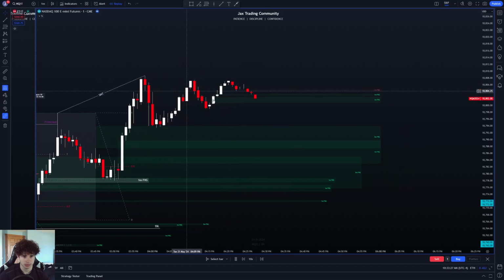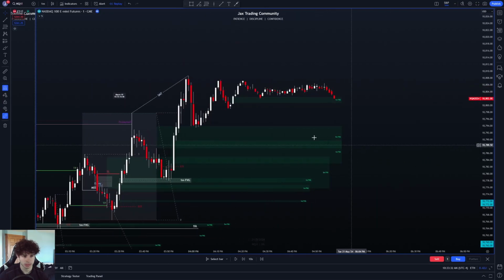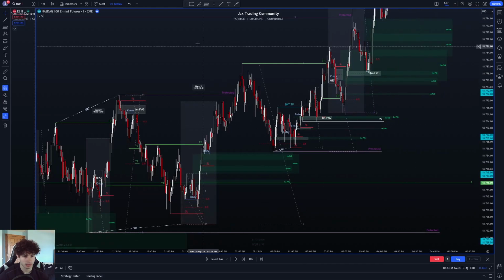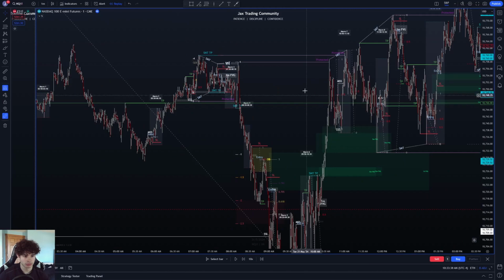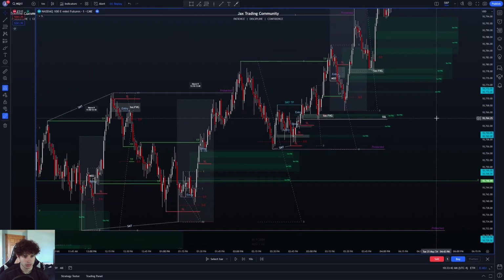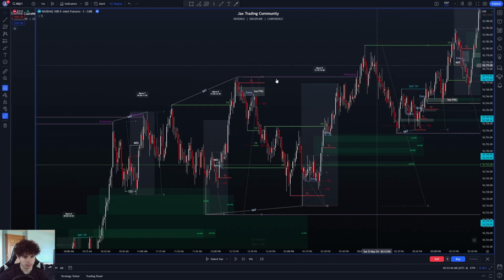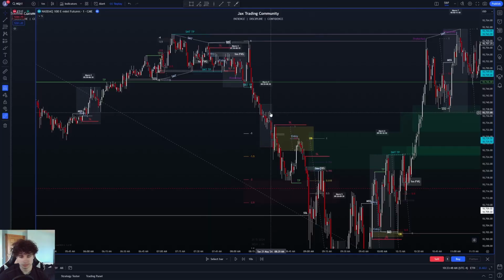So here you can see we're just consolidating, we're not going to move anywhere, and so that's really all that. So this is all the action I went over, and now I'm going to quickly review the good models that came out of this.